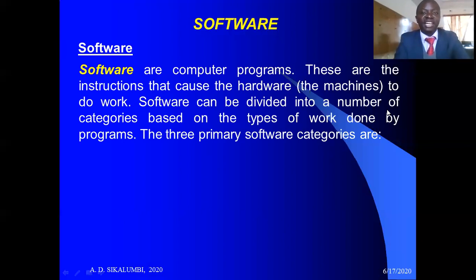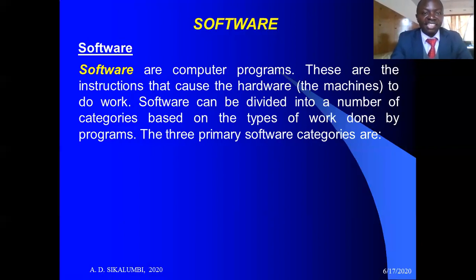We can also define software as sets of instructions that help process the activity or execute the activity on the computer. Sets of instructions, meaning the computer may need to perform certain activities, and you need some program, some utility software or application software to execute that particular task.